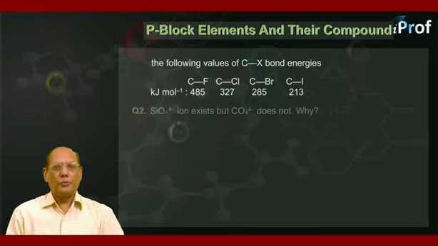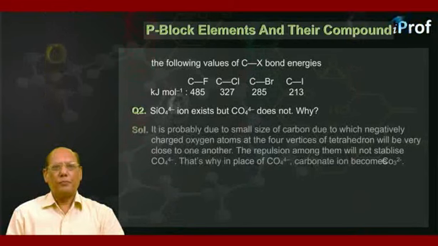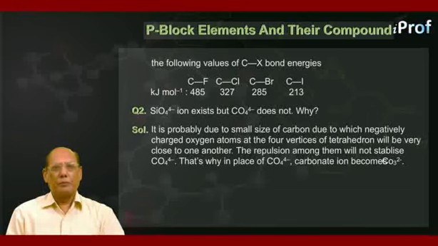Question number 2. SiO4 4- ion exists, but CO4 4- does not. Why? The answer is, it is probably due to small size of carbon, due to which negatively charged oxygen atoms at the 4 vertices of tetrahedron will be very close to one another.